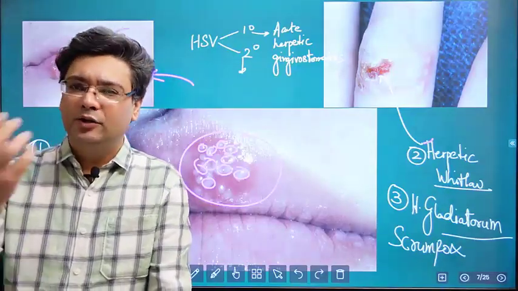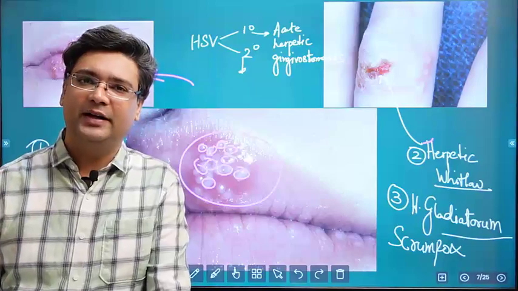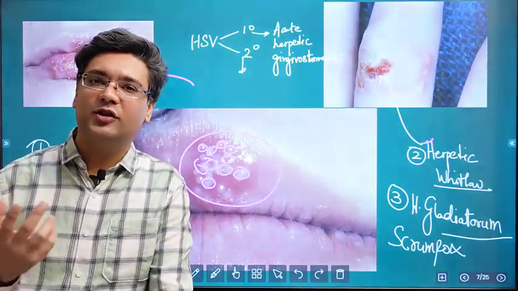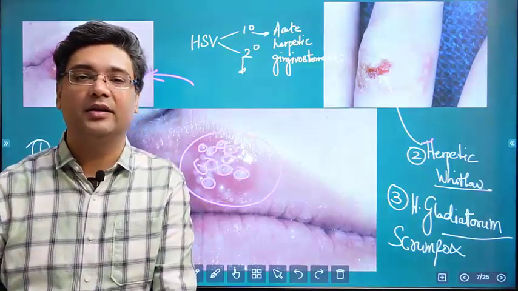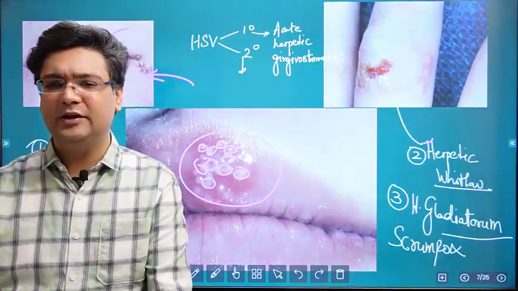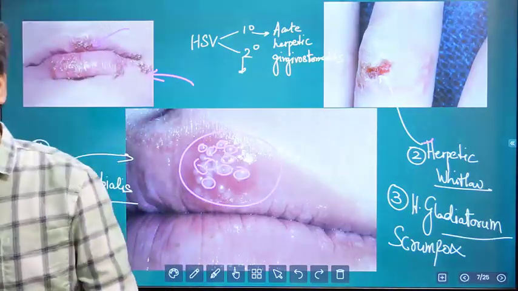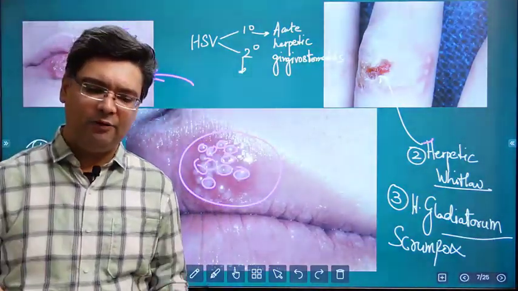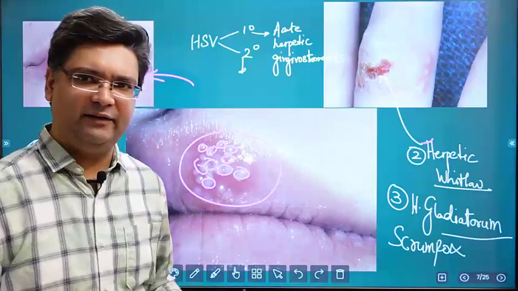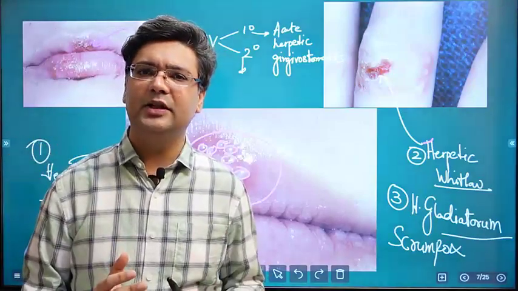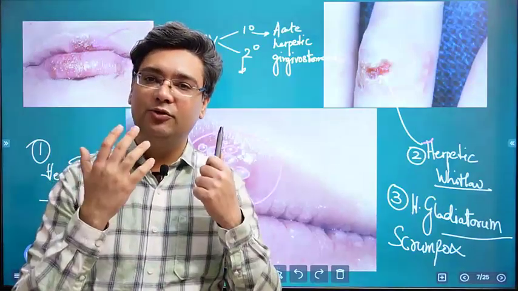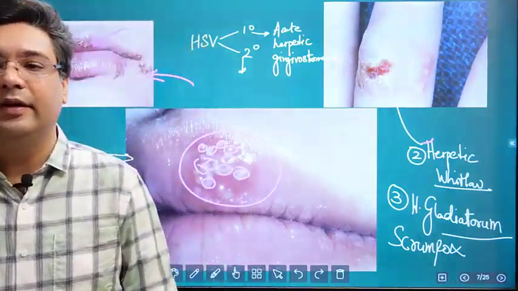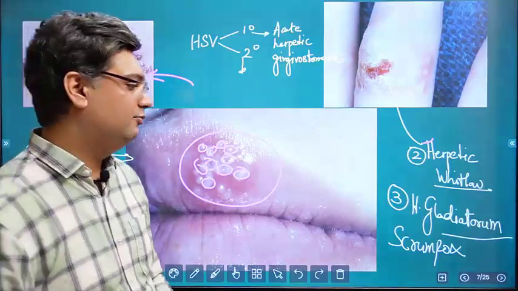So oral lesions are HSV1, and through sexual contact we have HSV2, and that virus goes and remains latent in the lumbosacral region, and that is the herpes which is below the waist. In fact, nowadays because of altered sexual activity, sometimes HSV1 can be seen below the abdomen and HSV2 can be seen above the abdomen as well.